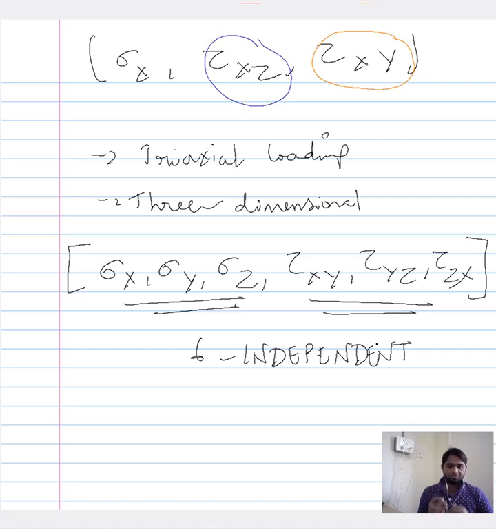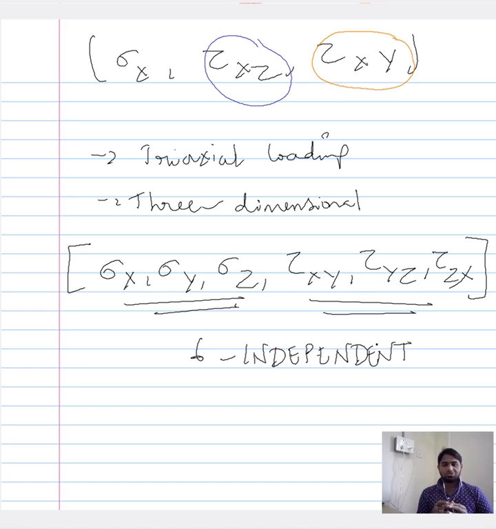In case of triaxial loading, we saw that there are 9 components of stress acting: 3 normal stresses acting perpendicular to our element, our point, and 6 shear stresses acting along our point if you consider it in terms of a cube.